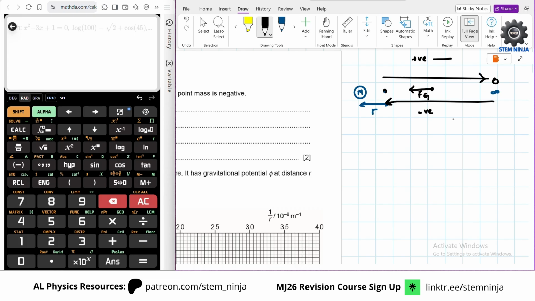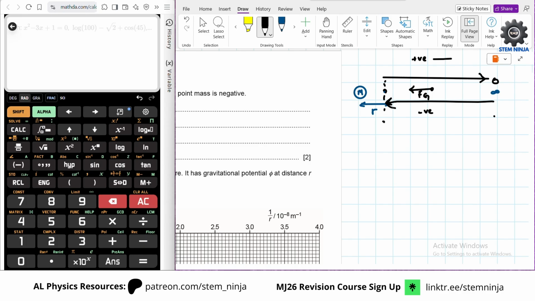Similarly, if you are moving from infinity to this point, for the same reason, work is done by the field to move from infinity, which is at 0, to a point closer to the mass.